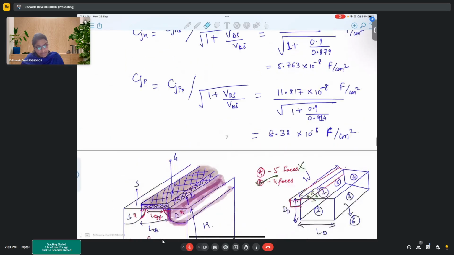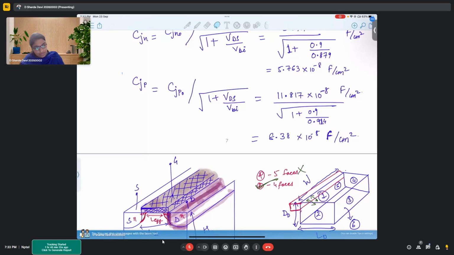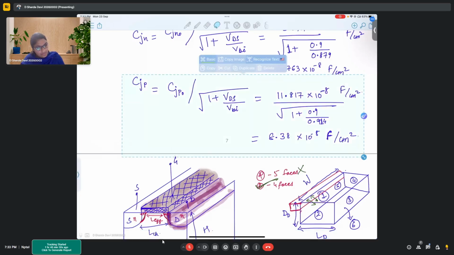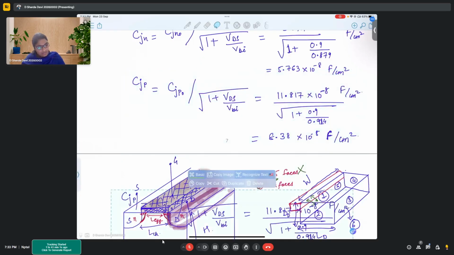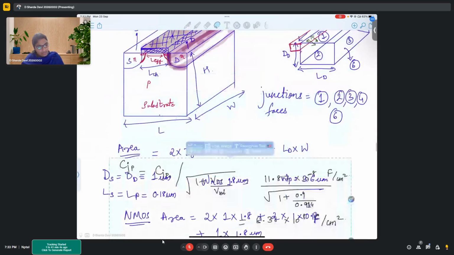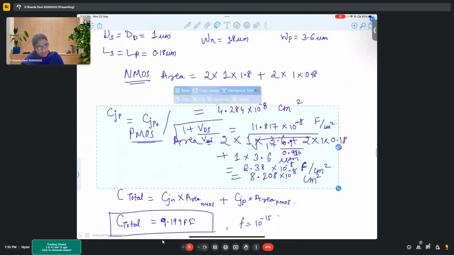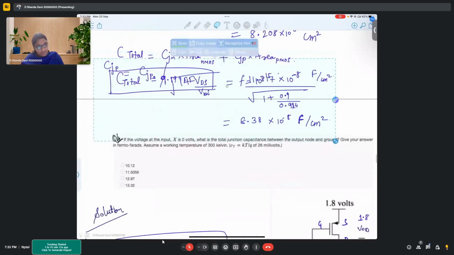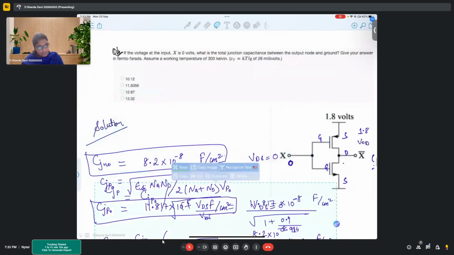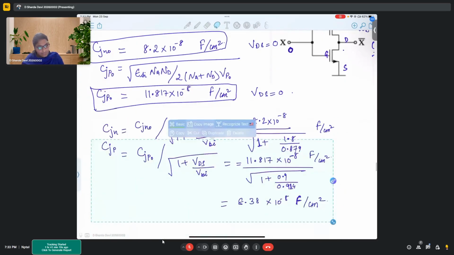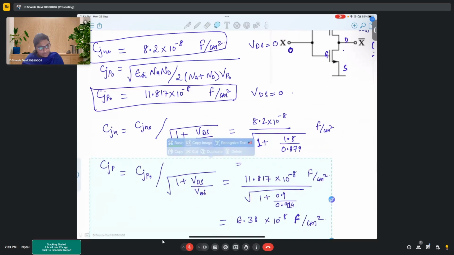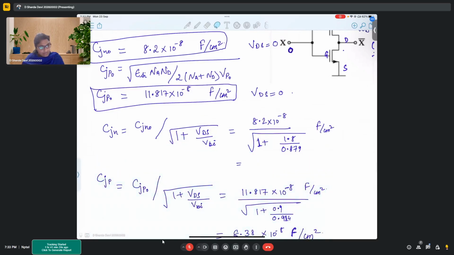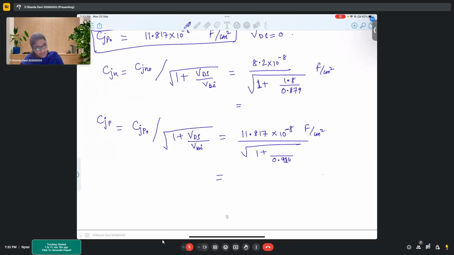Similarly for P, again here, this would be changed to 1.8.